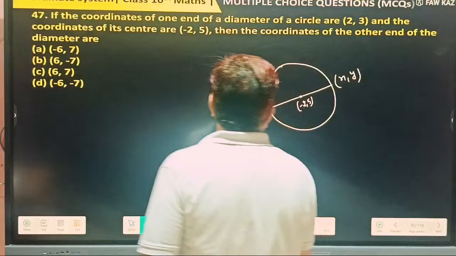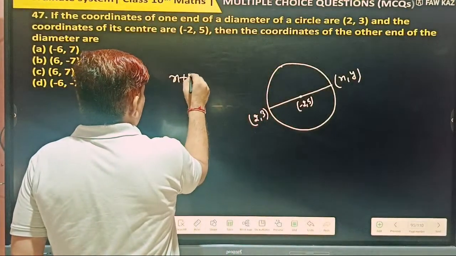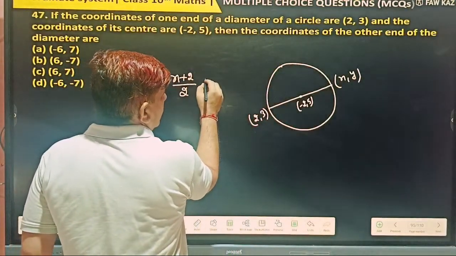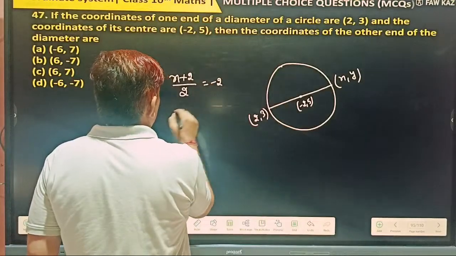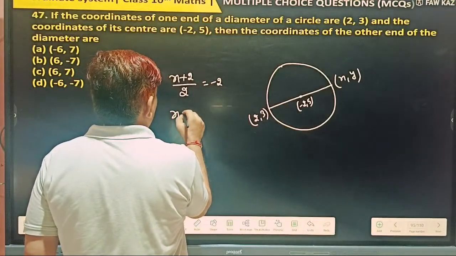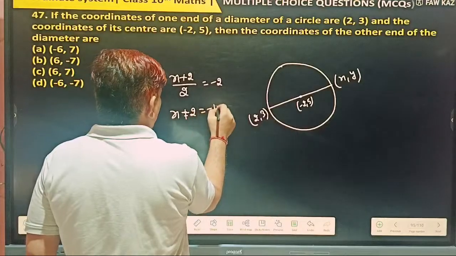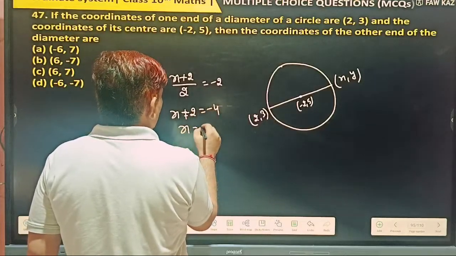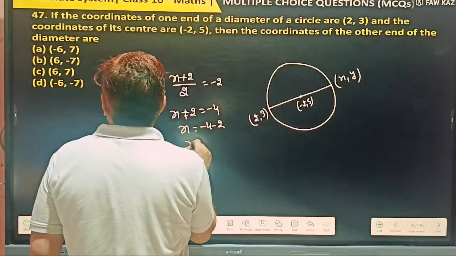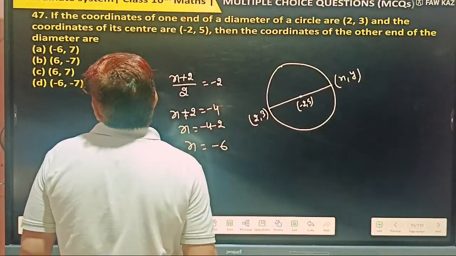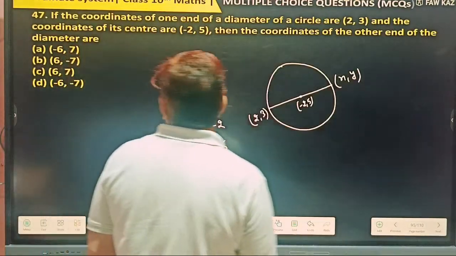Formula you know, midpoint: (x + 2) divided by 2 equal to minus 2. So what's your x? x + 2 is equal to minus 4. x is equal to minus 4 minus 2, x is equal to minus 6.